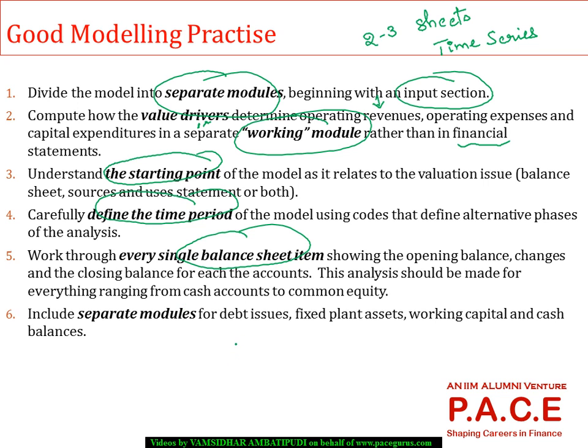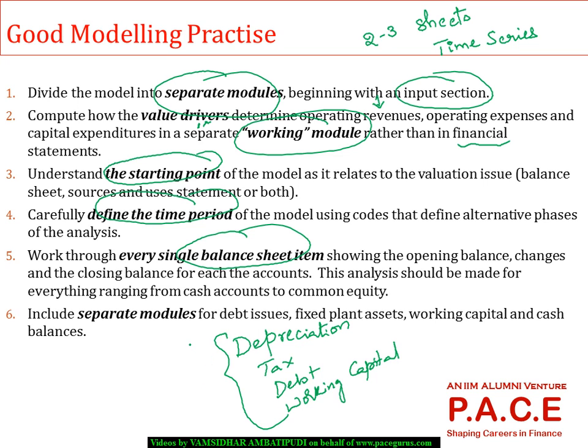wherever a detailed workout is required, especially for depreciation or for tax calculations or for debt-related stuff or for working capital-related stuff, wherever detailed calculations are required, probably put them as separate modules.